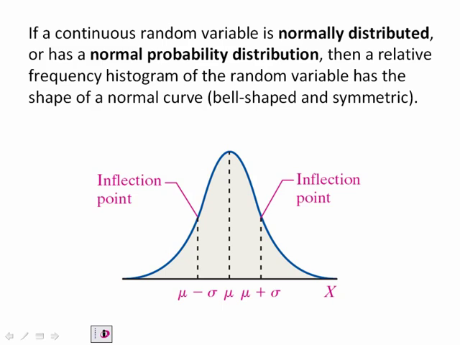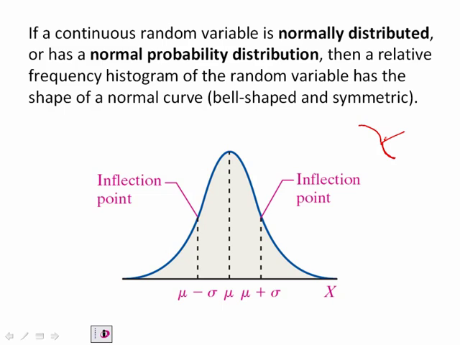Inflection points are discussed quite often in calculus. It basically represents a point where the curvature changes. Like, for example, this inflection point says that instead of the graph being shaped this way, which is decreasing at an increasing rate, it's shaped this way.